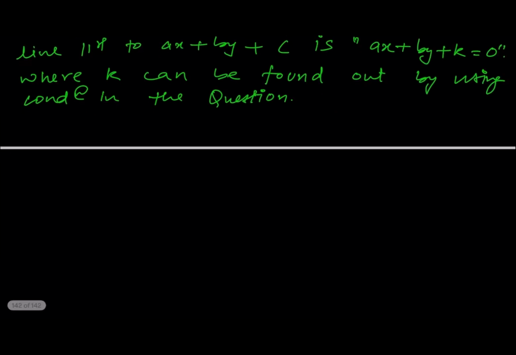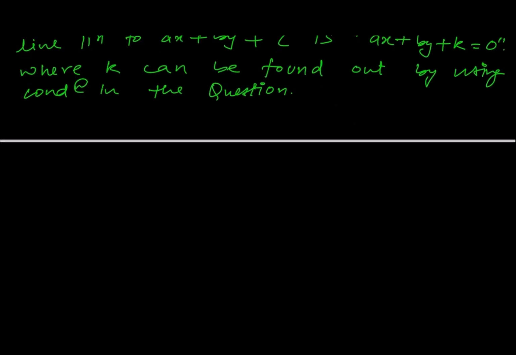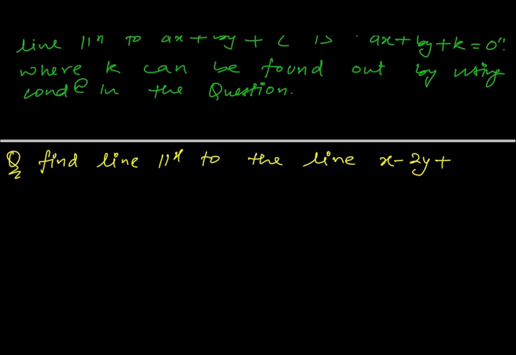Okay, for example, the question is: find the line parallel to the line x minus 2y plus 5 is equal to 0 and passing through (1, 2).